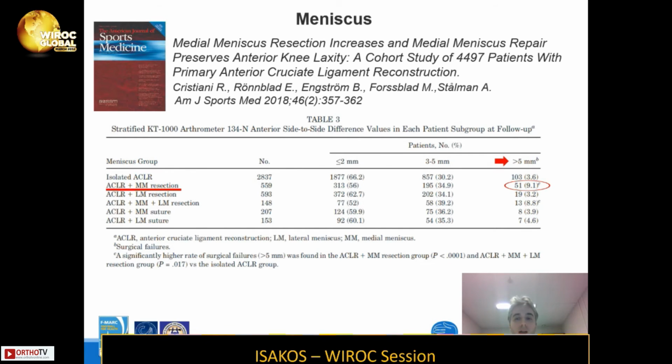So it was about 3 times higher compared with the control group, which was isolated ACL reconstruction. And also the other group that received the medial meniscus and the lateral meniscus resection had about 3 times more surgical failures compared with the control group, isolated ACL reconstruction. So save the meniscus to preserve knee laxity.